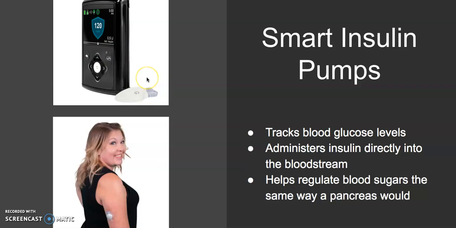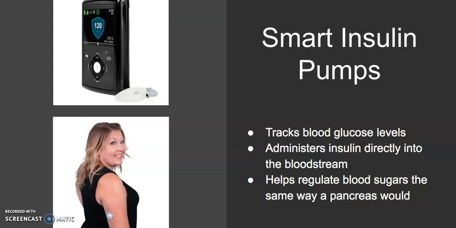And when the blood glucose monitor tells the insulin pump that blood sugar has risen, say that somebody has eaten something, then it would administer more insulin. And if, say, somebody's exercised and is hungry, then it would administer a little bit less insulin.